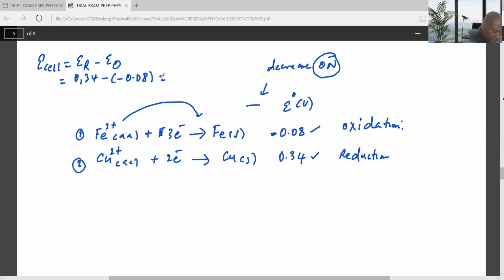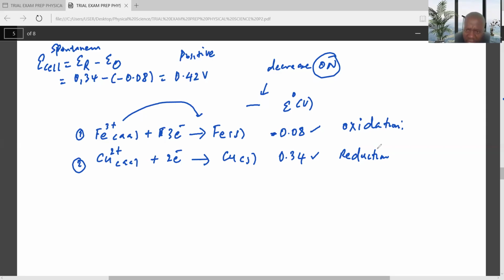This will be 0.34 plus 0.88, so this will be 1.22. You see that the answer is positive. And if the E cell is positive, it means we are dealing with a spontaneous reaction. And a spontaneous reaction takes place in the galvanic cell.